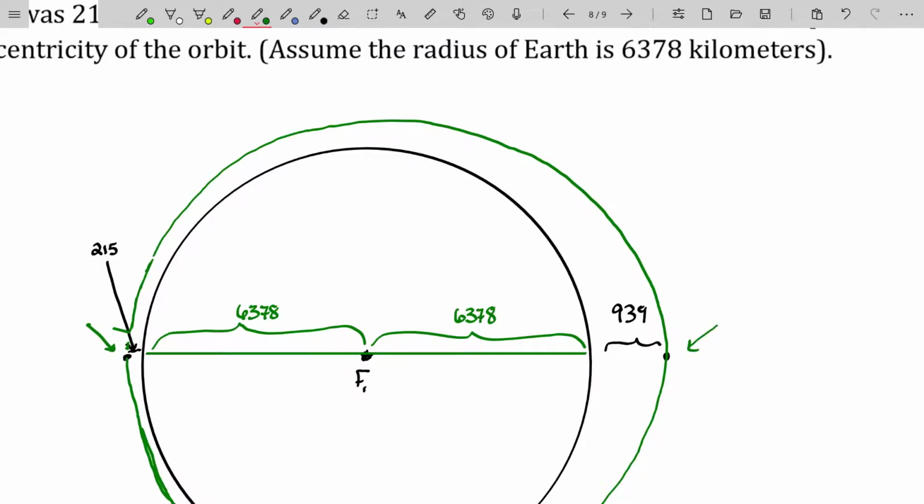So all I need is the full distance between those two vertices, divided by 2. The distance between them is 215 plus 2 of those 6,378s plus another 939. That's the full distance across, which comes out to 13,910 kilometers.